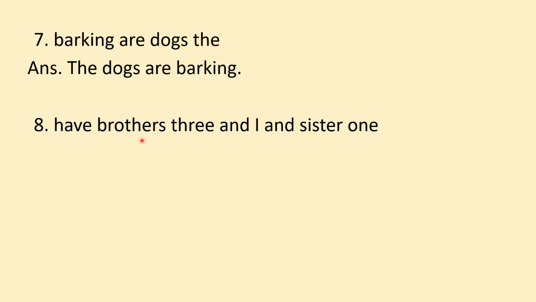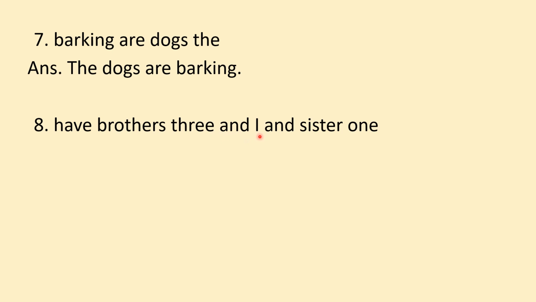Have brothers 3 and I and sister 1. Now here again the word I comes, so you put yourself first. I have. Now you cannot put one brothers. Why, children? Because brothers means many and one means only one. So you have to put one with the word sister and 3 with the word brothers.